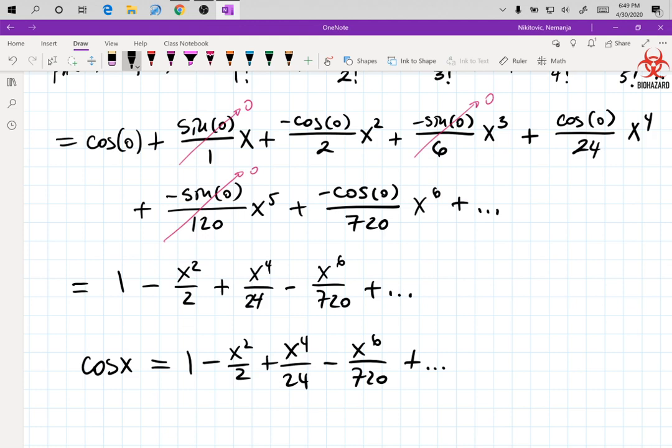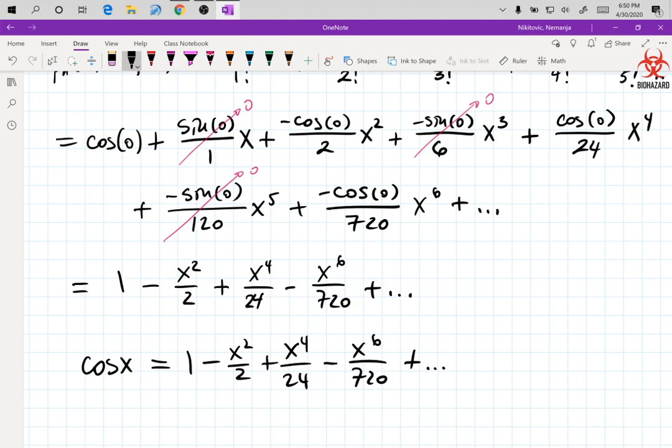And you can use this to compute values of cosine close to 0. But you have to use radians. If you put cosine of 3 degrees and you put 3 into this thing, you will be really, really wrong. You have to be very, very careful.